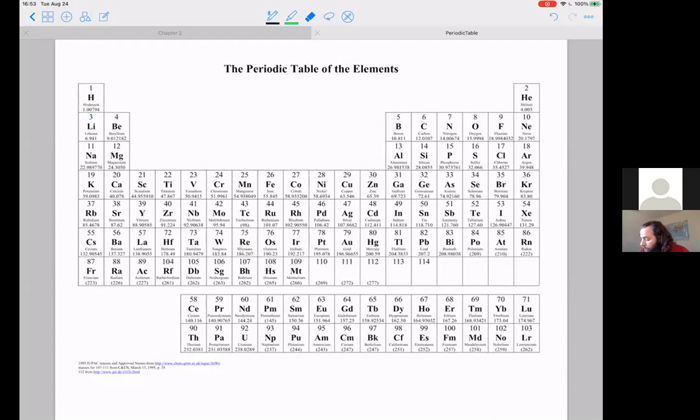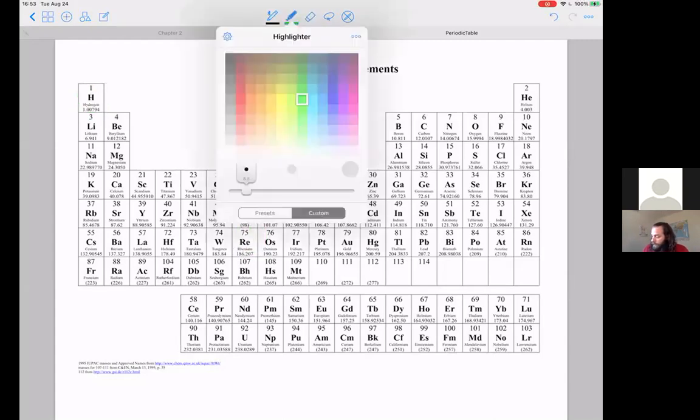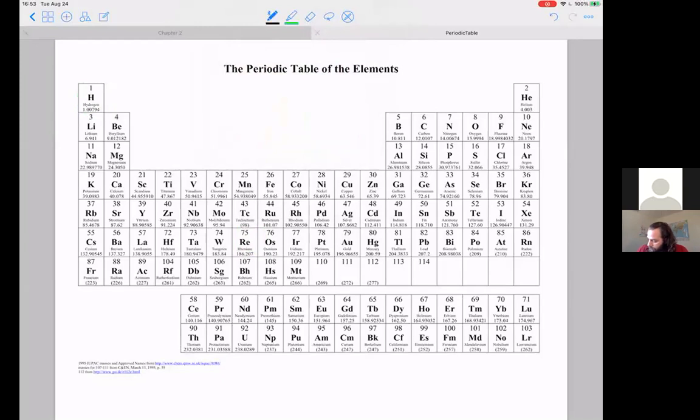And that is indeed one of our periodic trends, is that atomic size increases as we go down the periodic table, right? So hydrogen is smaller than lithium, is smaller than sodium, is smaller than potassium, et cetera. Okay? But this is also a pretty cool one to see because the other direction is a little bit counterintuitive.